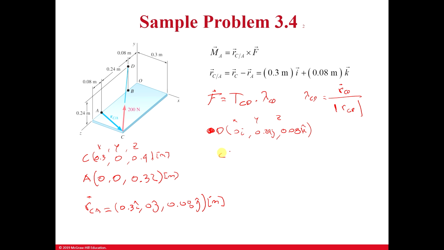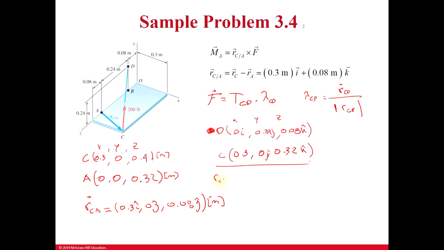And point C is 0.3, comma, 0, comma, 0.32. I, J, K.